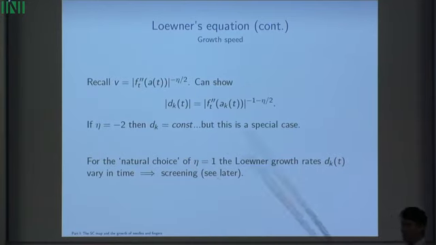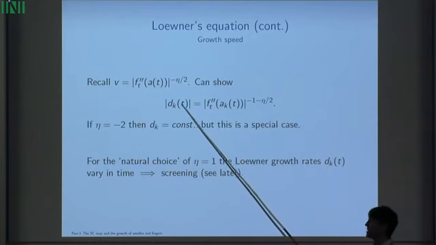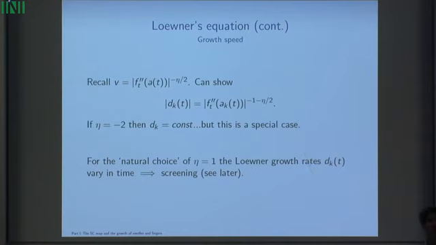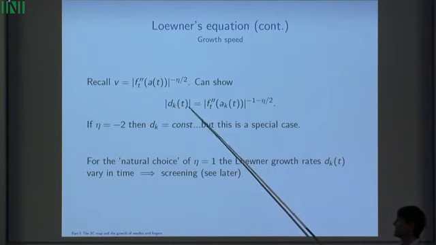Now, the case that's studied most in the literature is eta equals -2, and the reason is that it reduces these coefficients in Loewner's equation to constants. There's no real reason why that should be the case, and that's something, again, I want to focus on. In fact, it's rather more natural to choose eta as 1, in which case these coefficients are time varying. Now, of course, for one finger, it doesn't matter. You can scale time out of the problem.